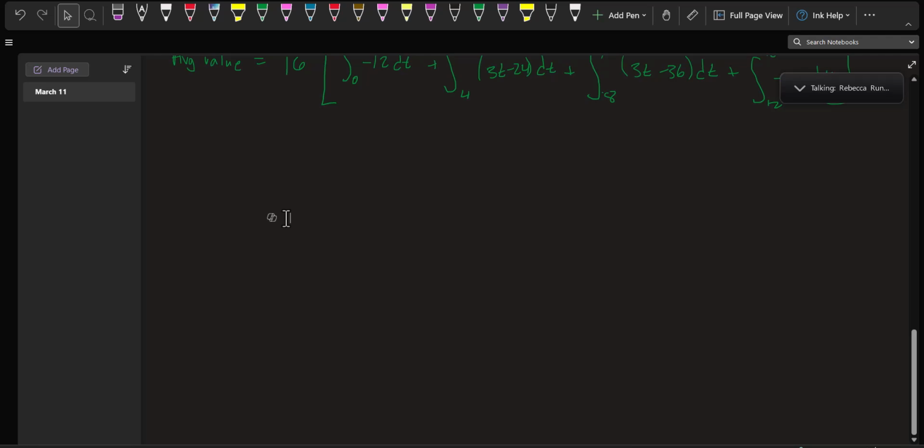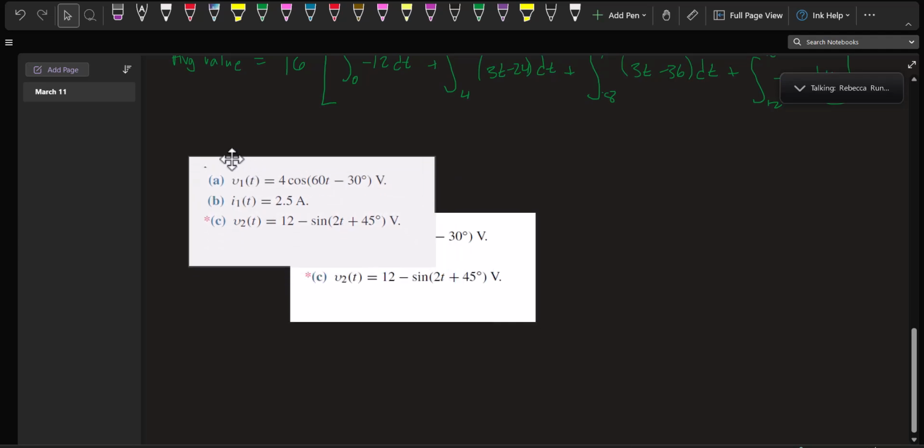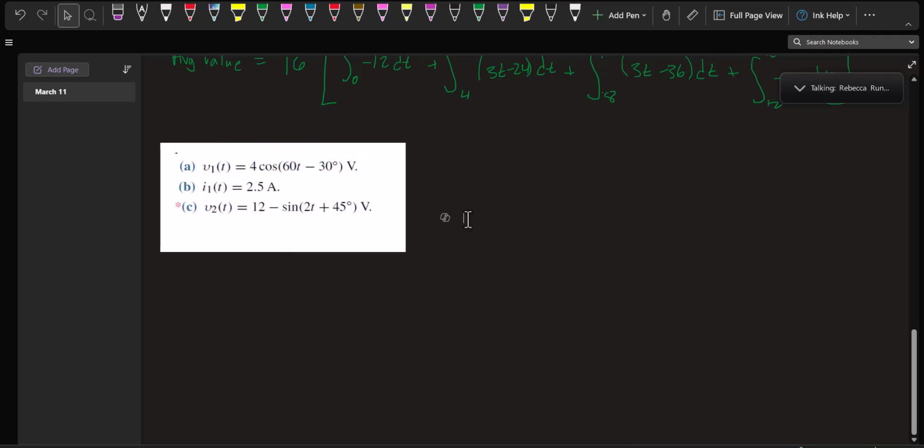So, the thing with a sine or a cosine, if I'm looking for the average value, and this is one of the reasons we use root mean square, so here's sine, there's one complete period, and here's cosine, here's one complete period.